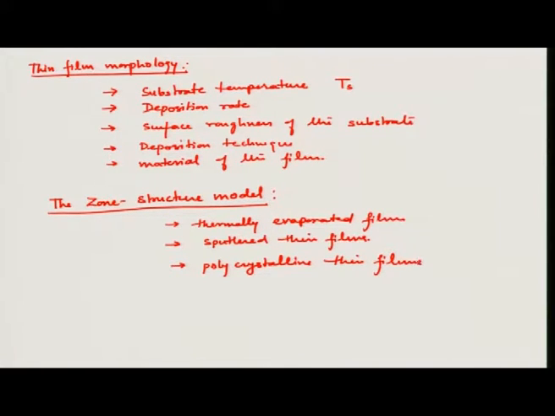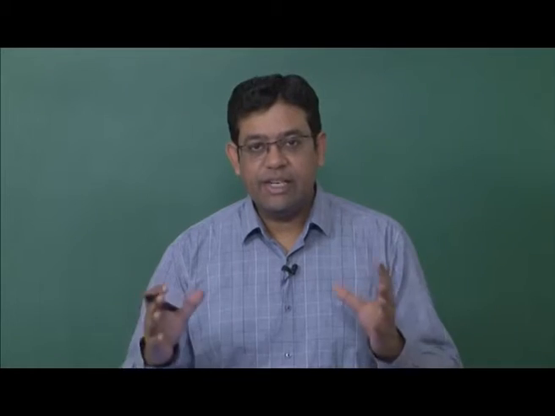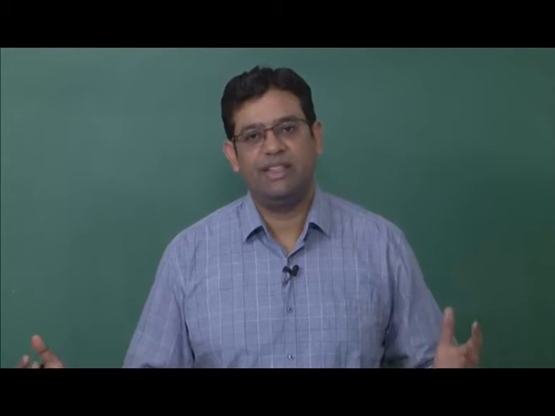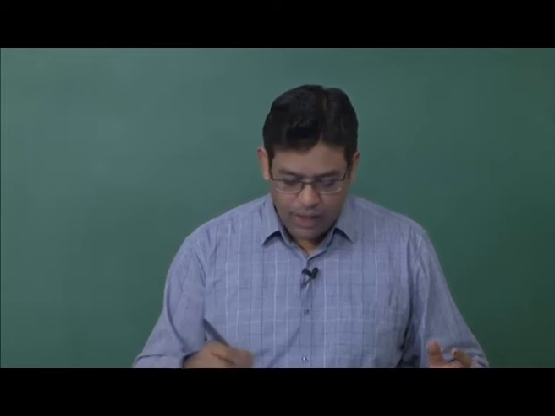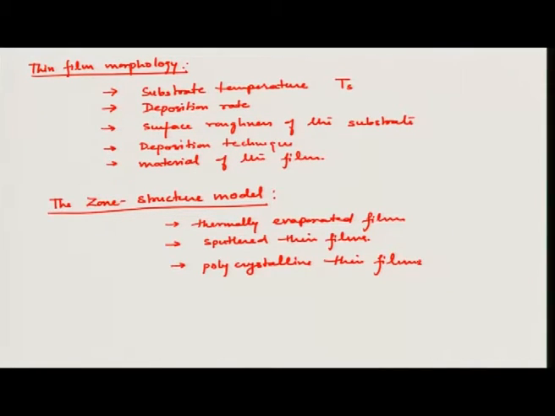If you recall from the previous lecture, we had discussed that at the extreme ends of the range of process parameters, we will get either epitaxial thin films which are single crystal on a substrate, or we will get amorphous thin films. The range in between these two extremes was for polycrystalline thin films. So, the zone structure model describes how these polycrystalline thin films will evolve and how their morphology will depend on various parameters.